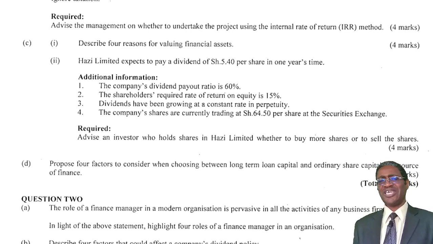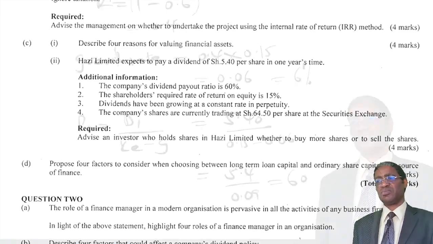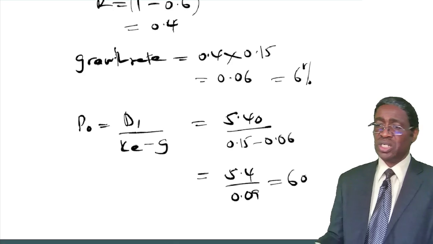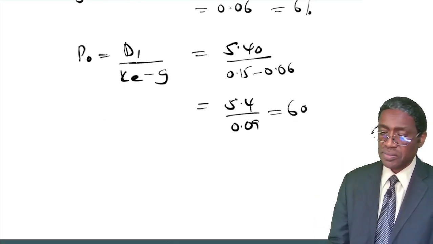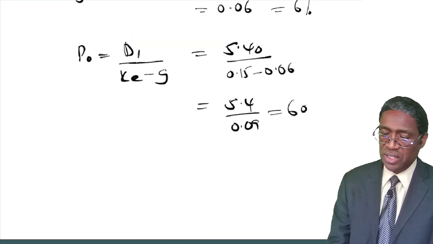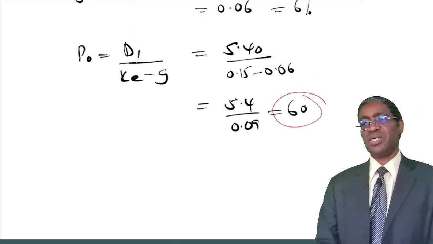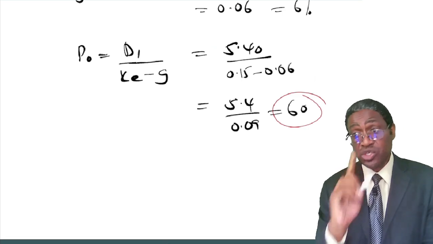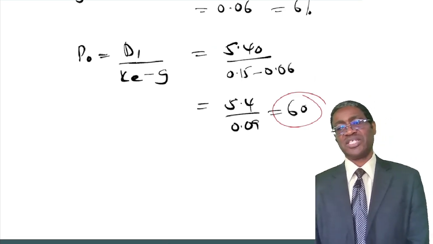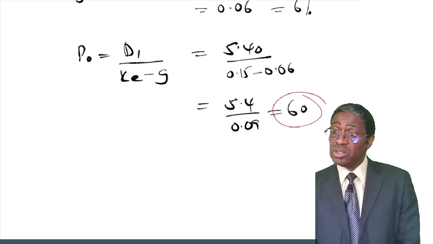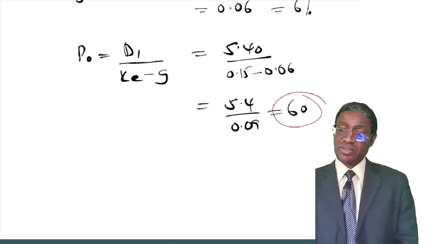But we have got the true value to be how much? From our calculation, the true value of the shares is 60. They are currently being sold in the market for 64. Tell him whether to buy more or to sell the one he has.